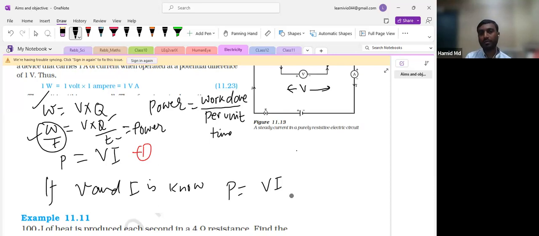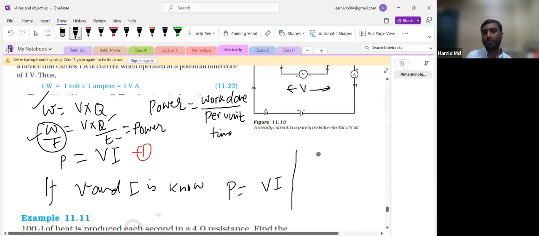In another form as well, we know that P may be written as V into I, where V is equal to IR. So what is this? Ohm's law.